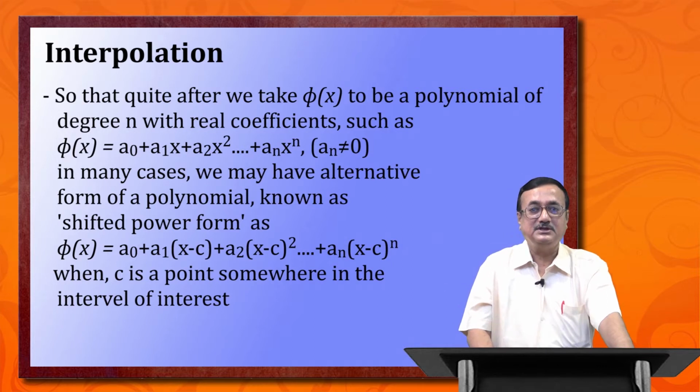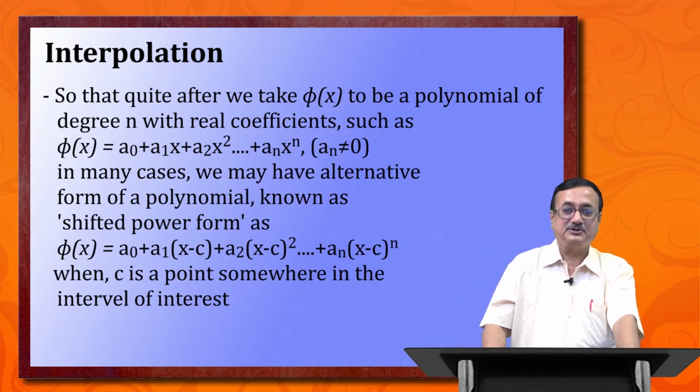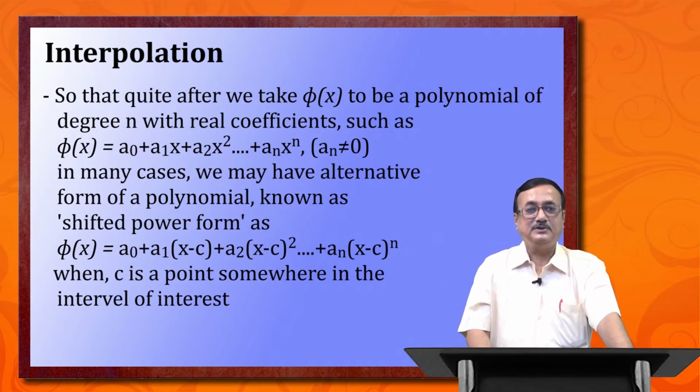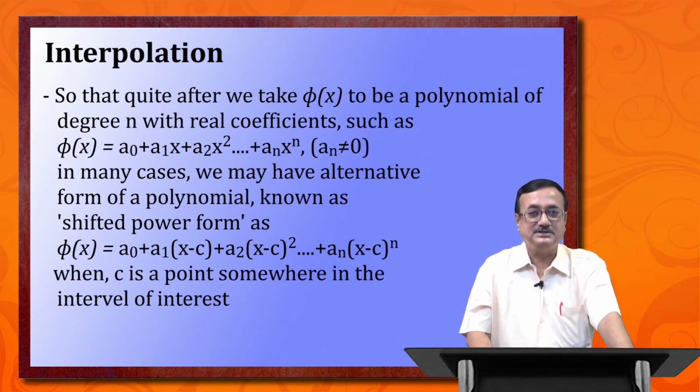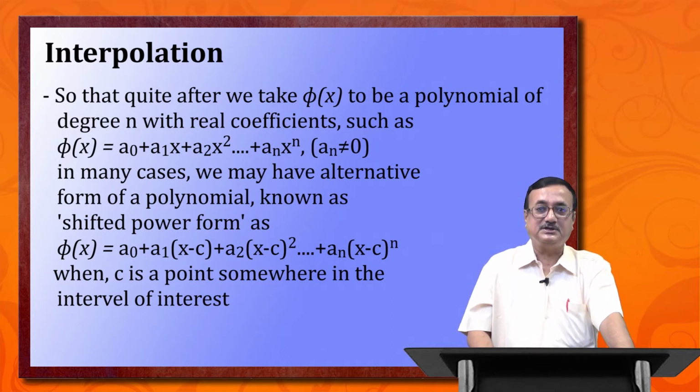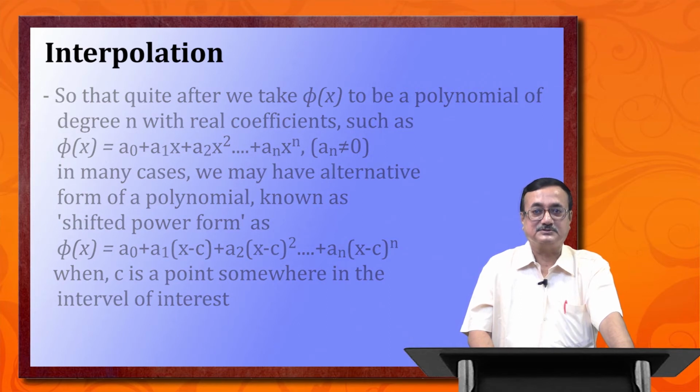It is of nth degree, and we assume that an is not equal to 0. Sometimes we favor a shifted power series. A shifted power series is of the form phi(x) = a0 + a1(x - c) + ..., where c is some point situated in the interval of tolerance.